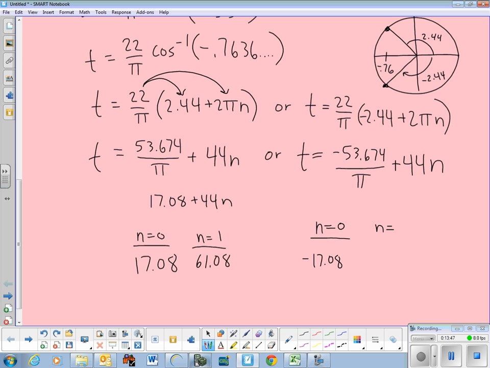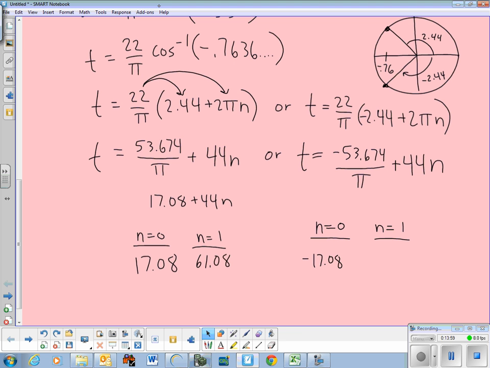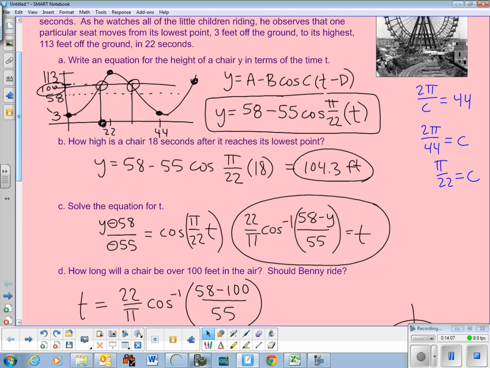When n equals 1 here, I have negative 17.08 plus 44, and that one is 26.92. And that happens right here. This value right here, 26.92, that's when we cross back under 100 feet.